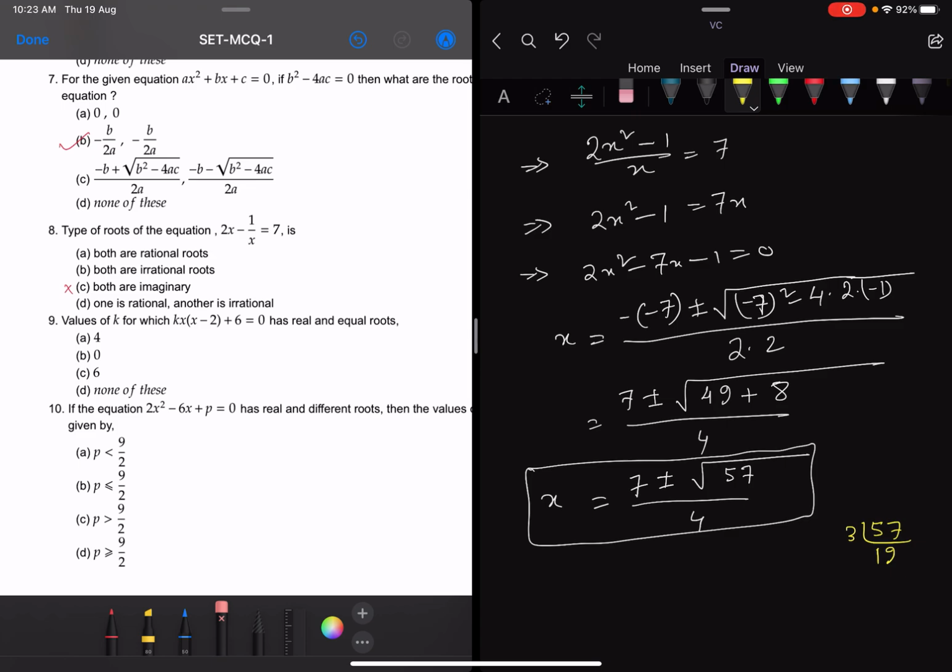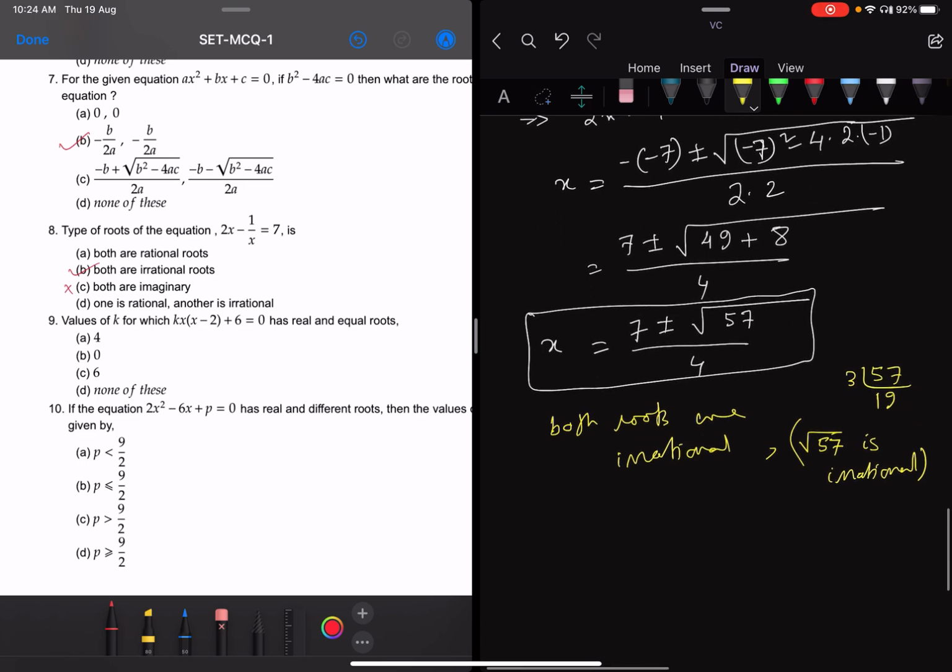That means both roots are irrational, because root over 57 is irrational. So that's why both roots are irrational. That means option B is correct here.